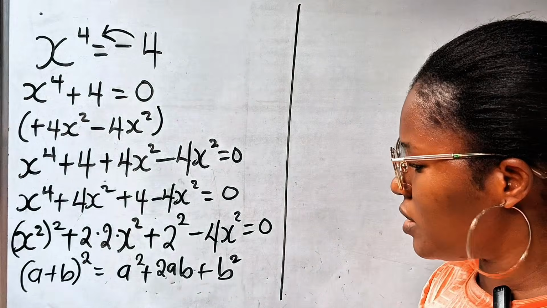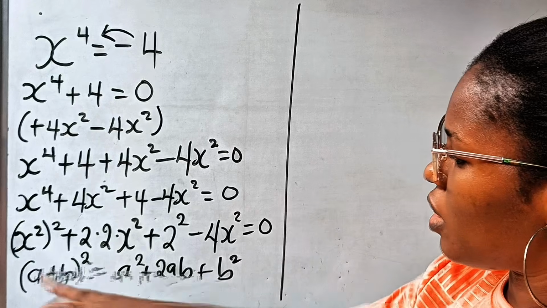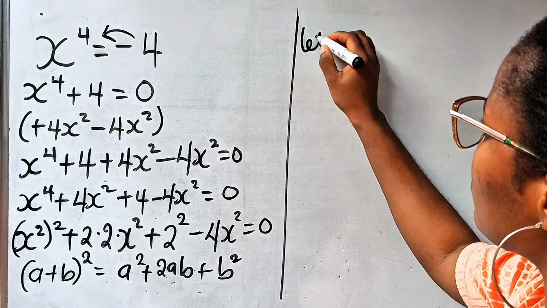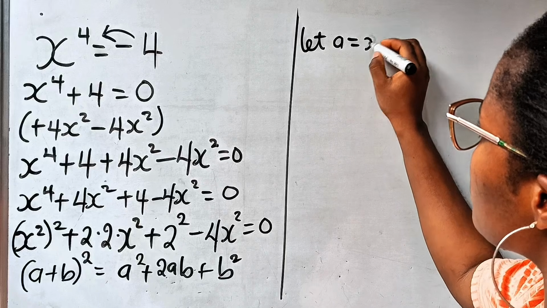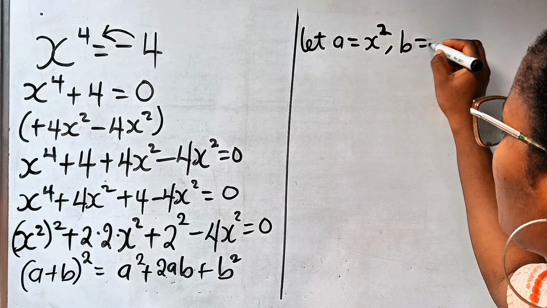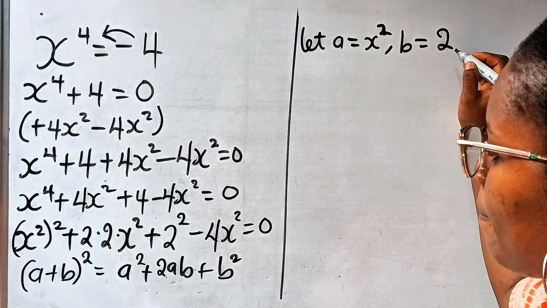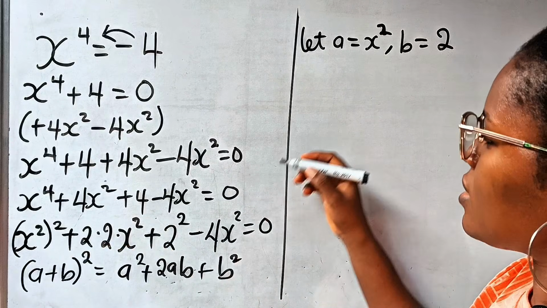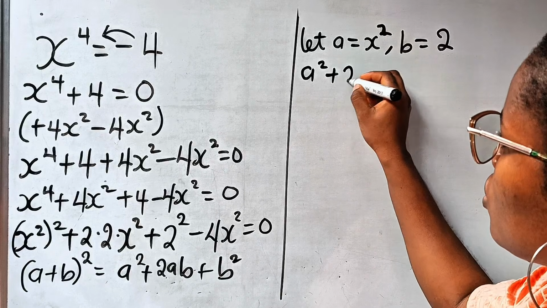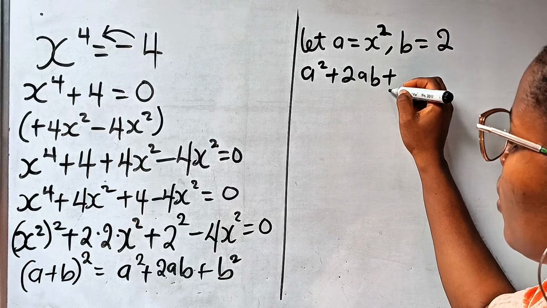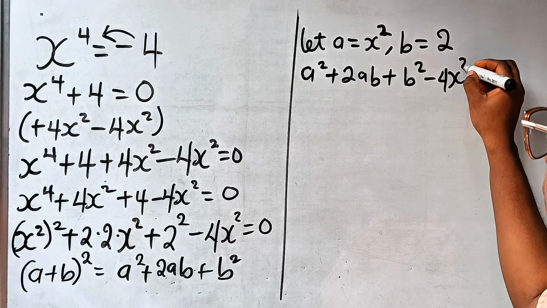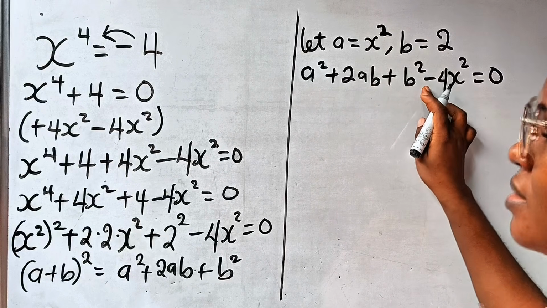Now, if we say let a be equal to x squared and b be equal to 2, that means we can rewrite this as a squared plus 2ab plus b squared minus 4x squared is equal to 0, right?